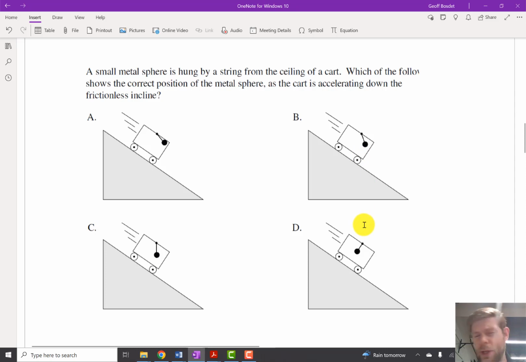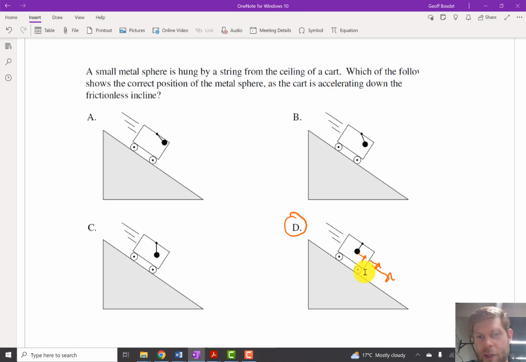But basically the gist is, if you and the ball are accelerating down at the same rate, it'll just be straight to the top, because along this axis, both the ball and the cart are accelerating at the same rate. So there's no need for anything.